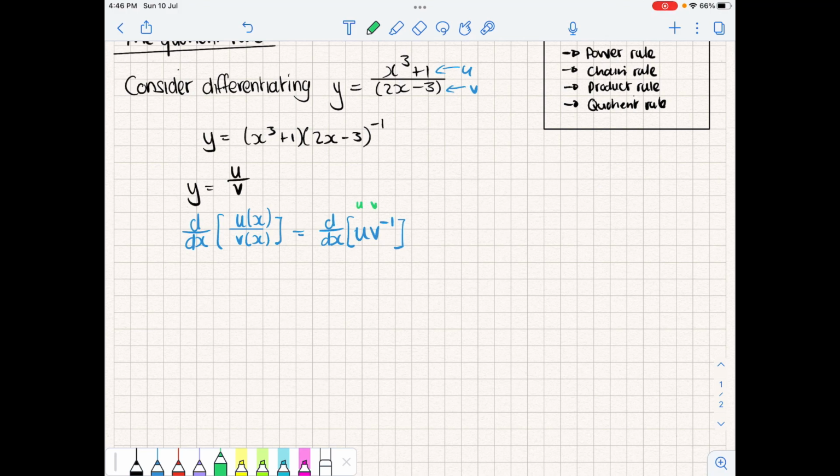When we differentiate using the product rule, we use v u dash plus u v dash. Okay, that's the rule for products. So let's use that and differentiate this function. So we're going to take v, which in our example is just v to the minus 1, and we're going to multiply it by the derivative of u.